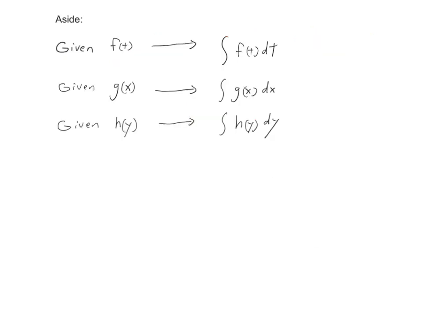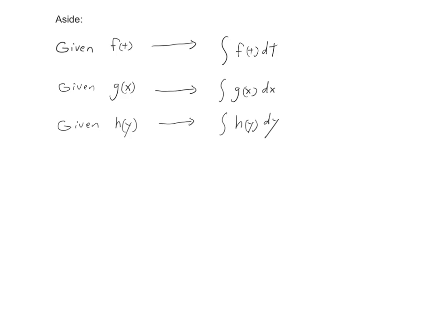Just a quick remark before we get to that, though. I just want to talk about different variable names. So for example, if I had a function f of t and I wanted to integrate it with respect to t, I'd write it like this, the integral of f of t dt. But if I was given a function that depended on a variable that I'll call x, and I want to integrate it with respect to x, we write it in this fashion, where instead of having a dt, we'd have a dx here.